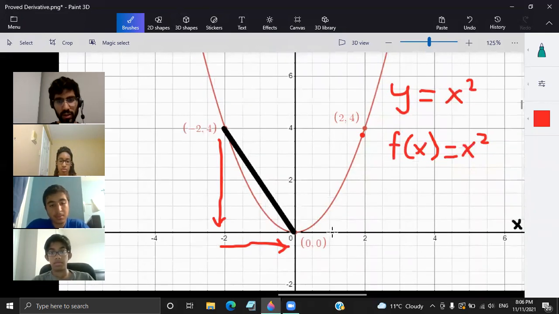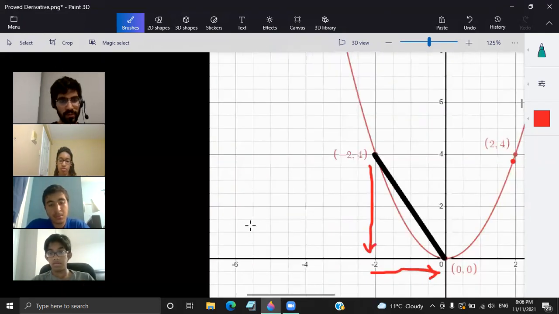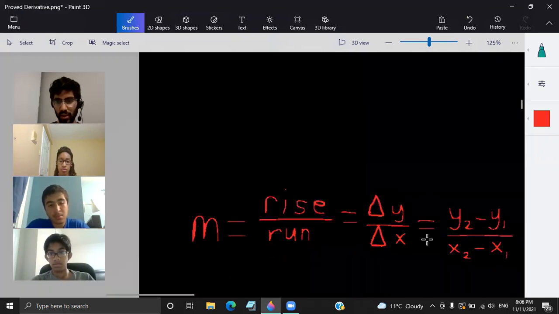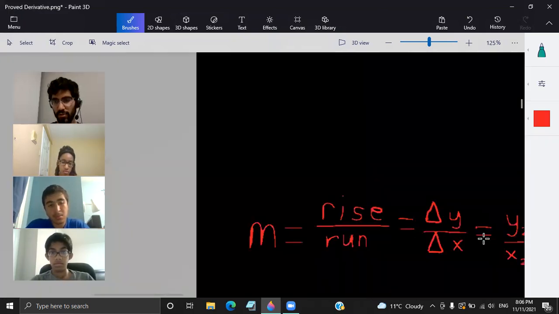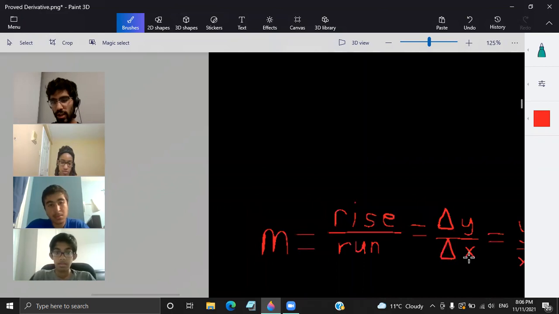And I'll show you the formula for it again. So rise over run. It's also change in y over change in x. That's what this little triangle means. It's the Greek symbol delta, which means change in.